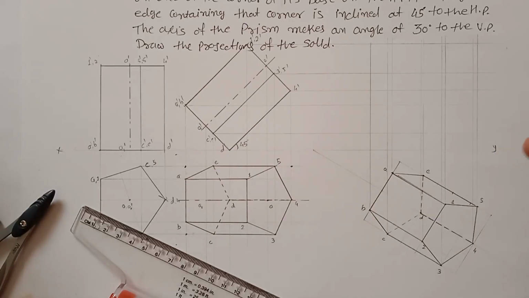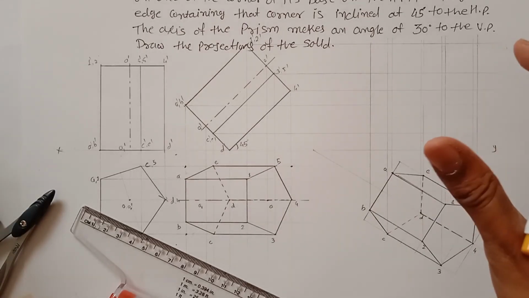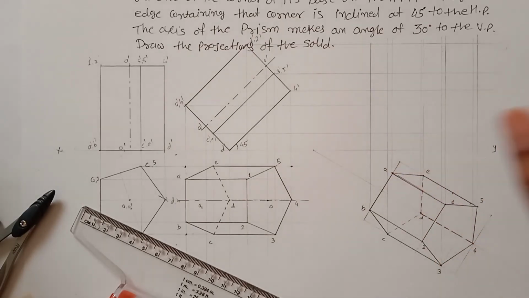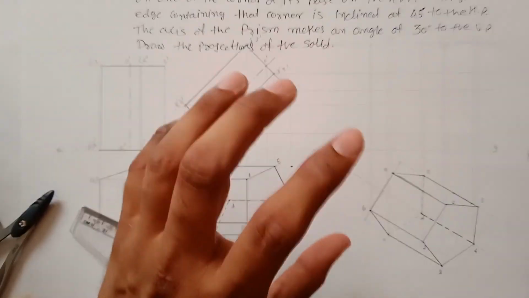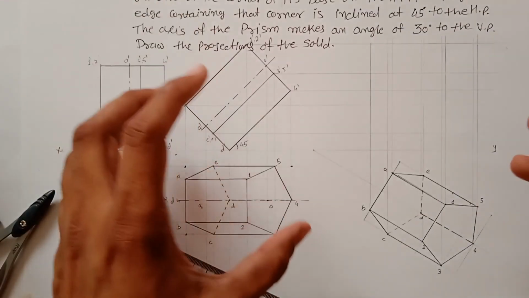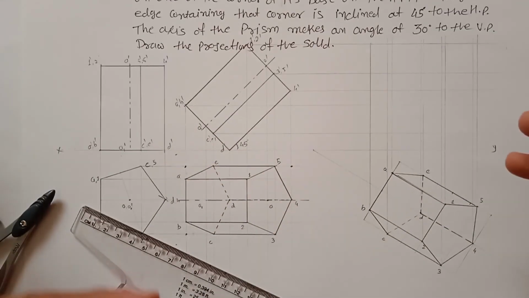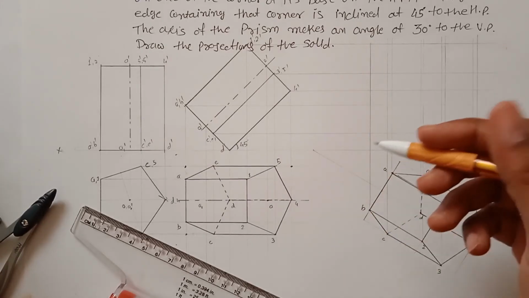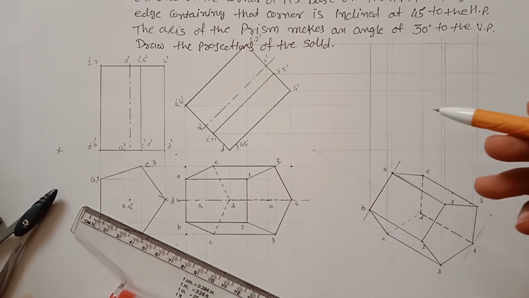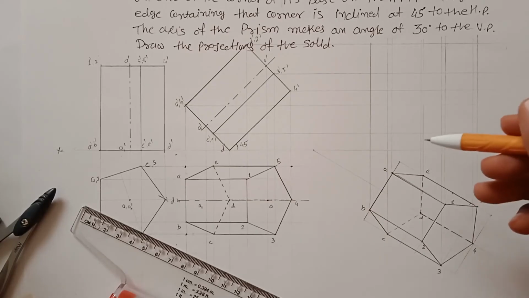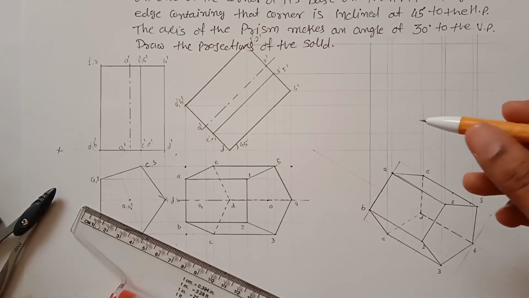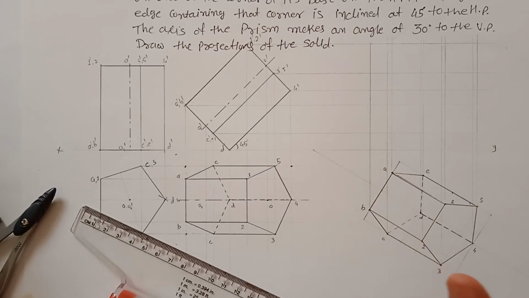You have to draw the hidden lines on your own in the front view. You have to imagine if you rotate your solid, which edges and which corners are not seen from the front, the connecting lines along with those points, you have to draw with dash lines. So that is your exercise.